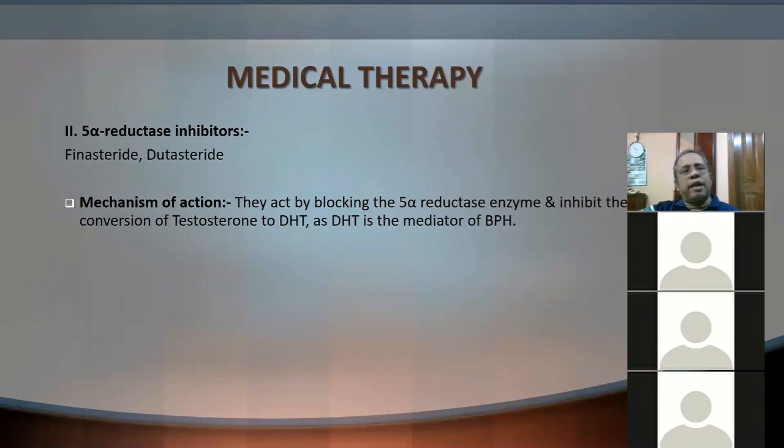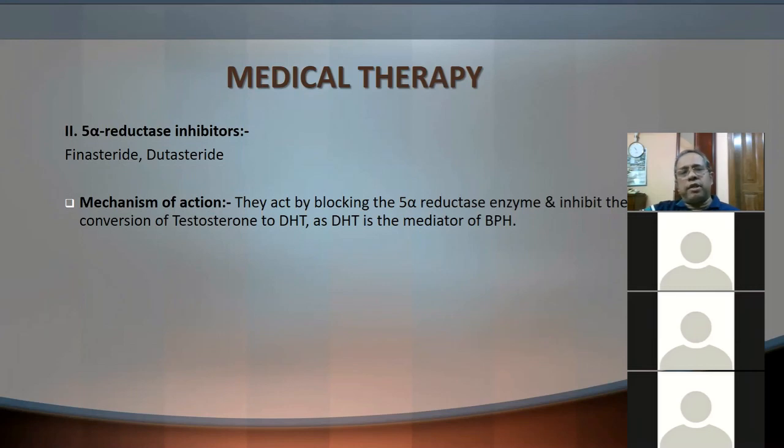The other one is finasteride, the 5-alpha reductase inhibitors, that is finasteride or dutasteride.